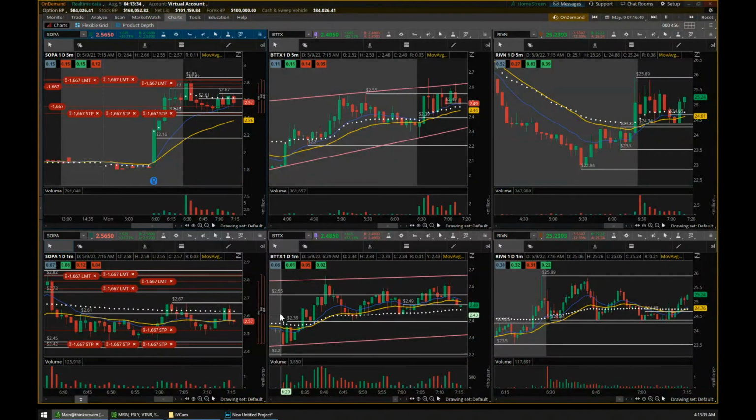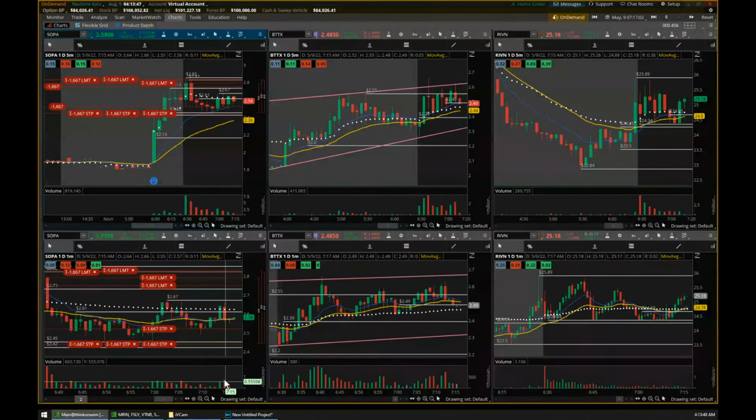Almost. Another one of those big red candles. Boy, I sure don't like those.